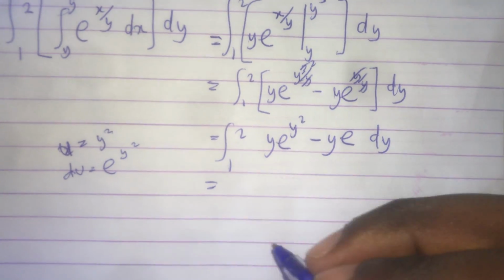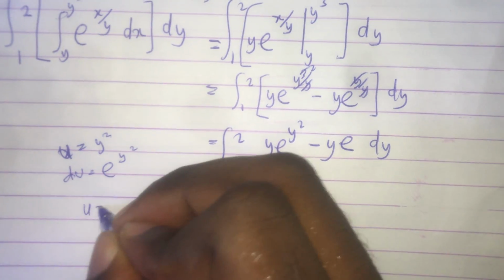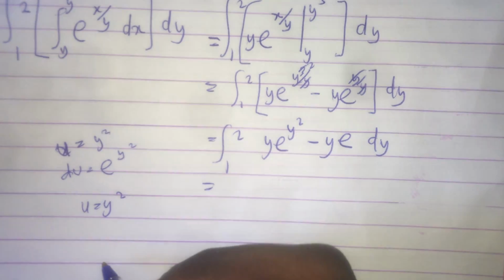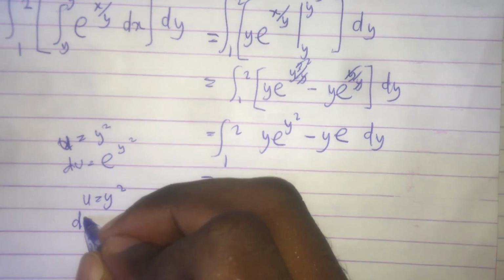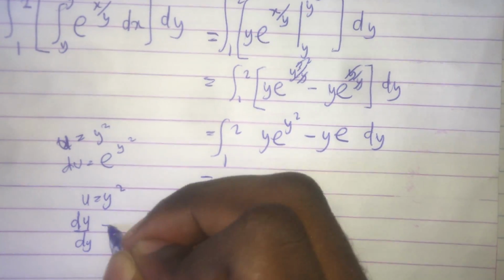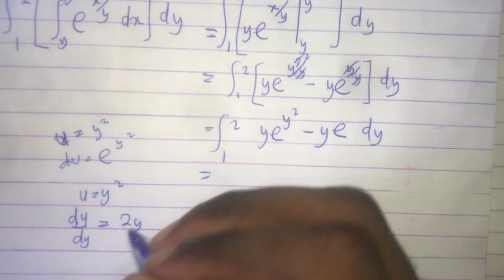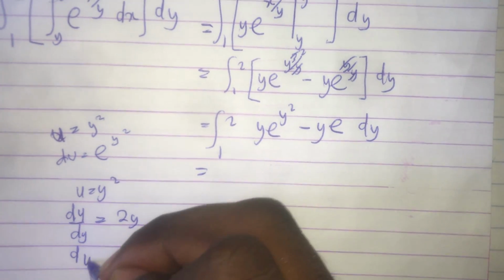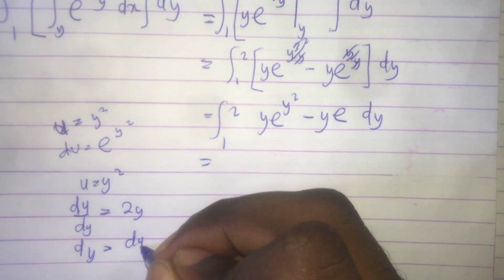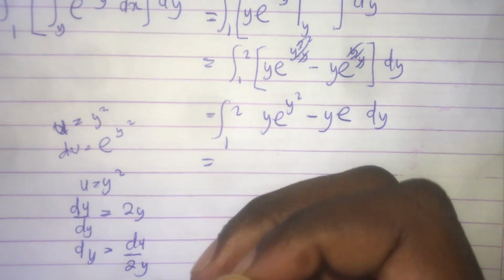When we consider u to be y squared, we find du/dy is 2y. So you have dy equal to du over 2y.